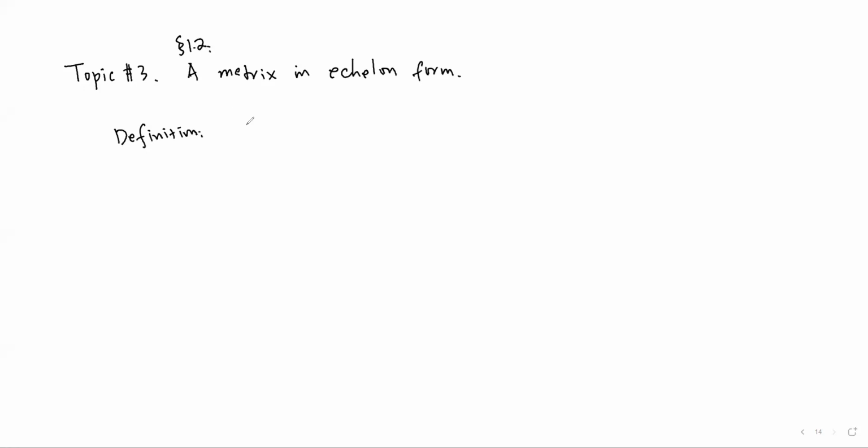A matrix in echelon form has the following 3 properties.